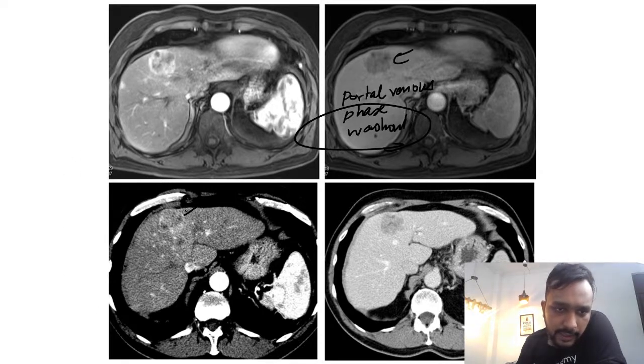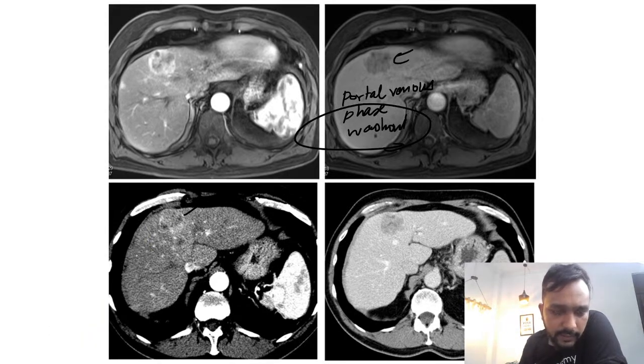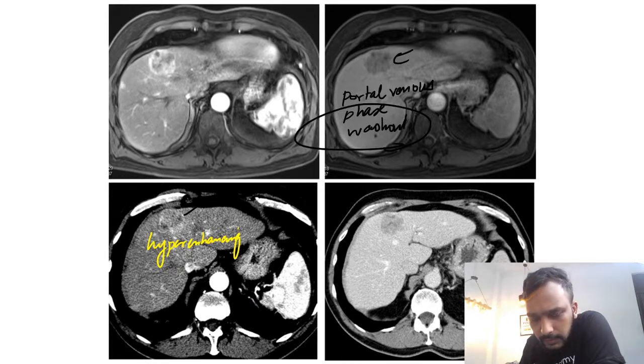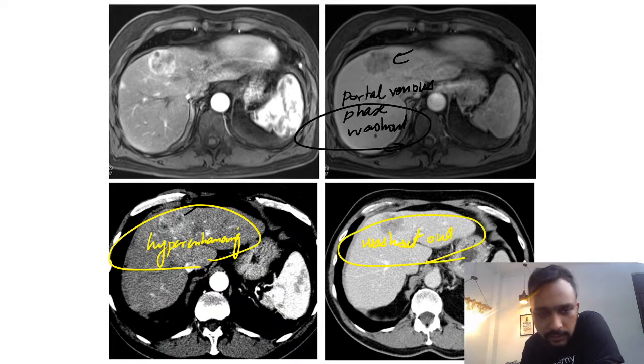If you look at the arterial phase, we can see that the lesion is hyper enhancing in the arterial phase, and it is showing washout in the venous phase.